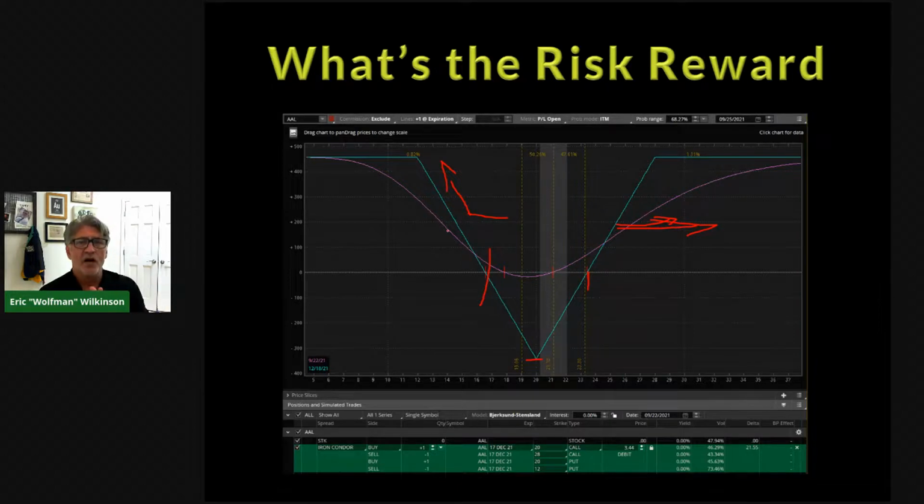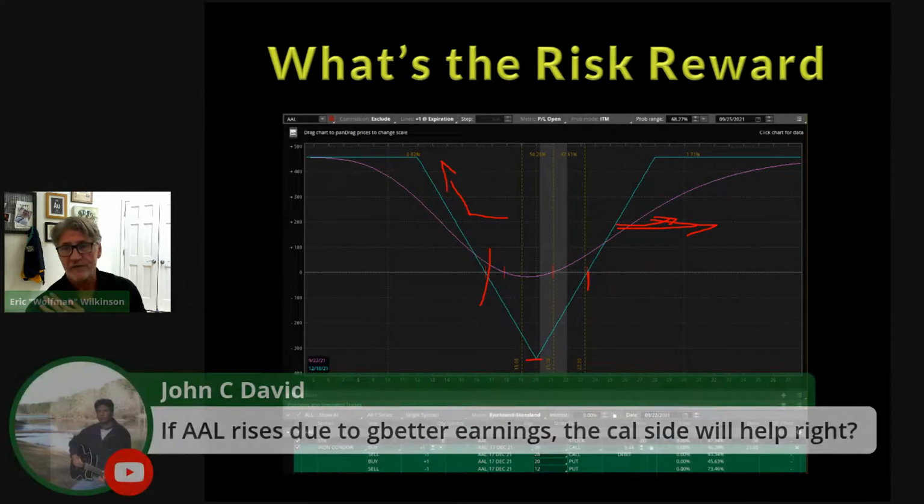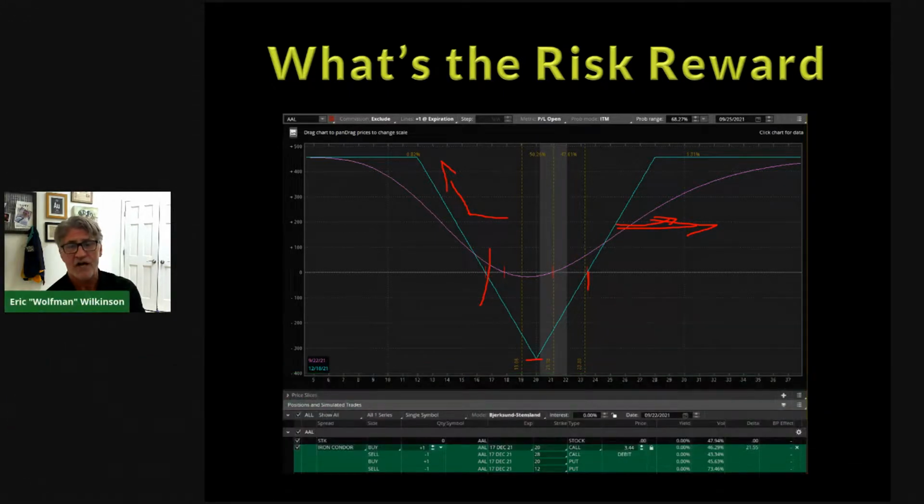Now, something to note, American Airlines is having their earnings. John notices that, and John is on top of it because he's got those gears working in his head. He's thinking, well, if I hold this on with low volatility heading into that earnings, volatility expands around earnings. So I could see this underlying stay right here.